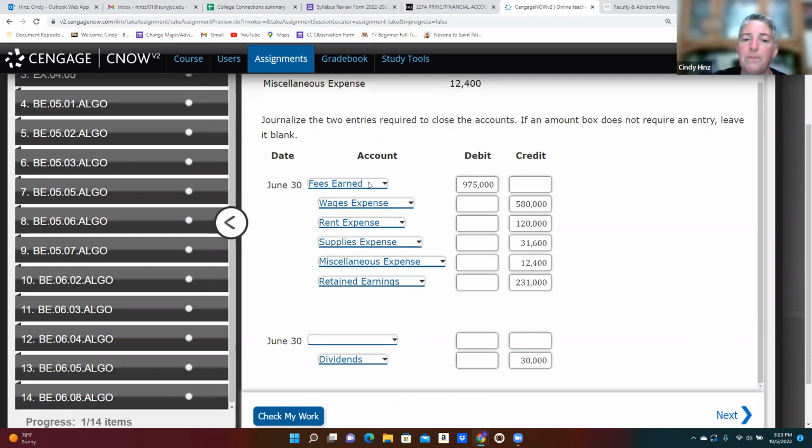And just like the income statement accounts, the dividends do get closed to the retained earnings account. And so dividends reduce retained earnings. Those represent earnings that we did not retain, that we paid out to our shareholders. We'll talk more about dividends and dividend policy when we get to chapter 12 on stockholders' equity.